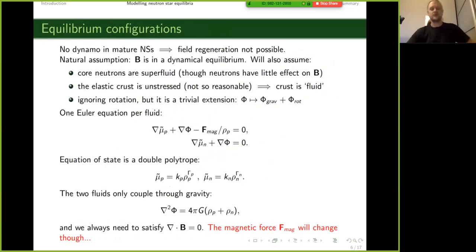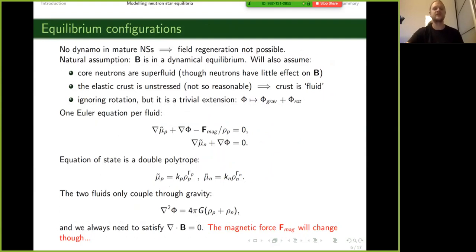Okay, so if you want to try to model a magnetic field in a superconducting neutron star, a natural place to start is to assume that magnetic field is in a dynamical equilibrium. That's because a mature neutron star has no mechanism for regenerating magnetic field.